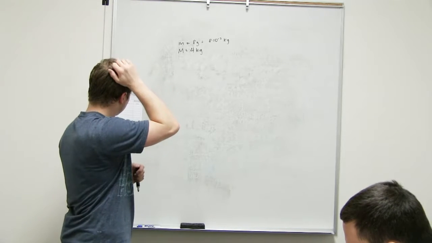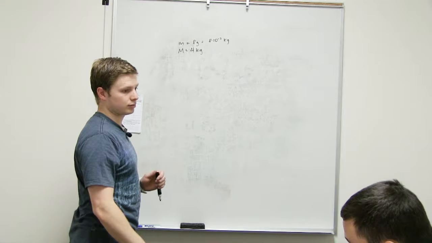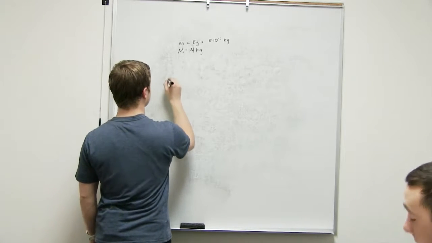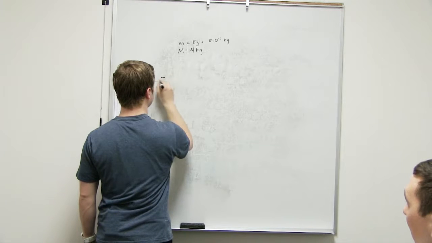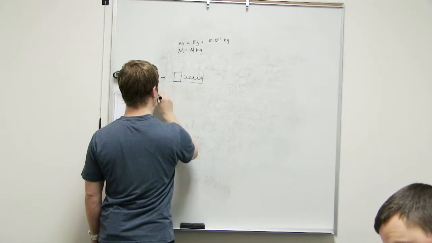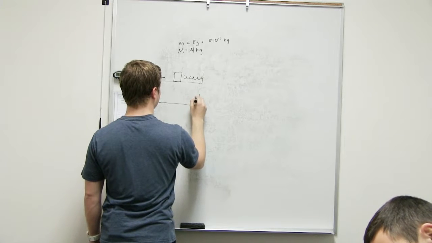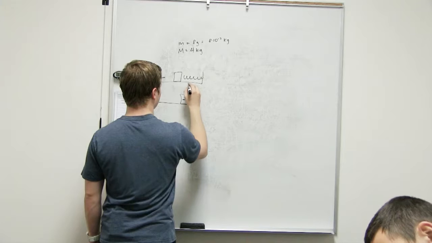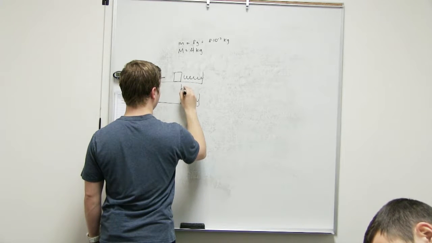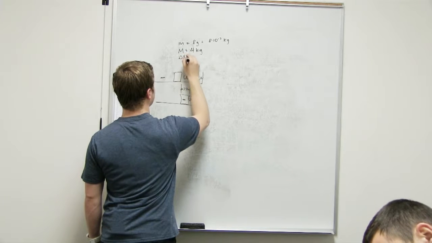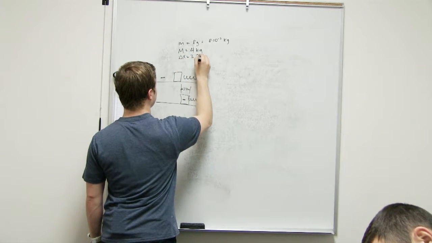And then it's at rest on a frictionless horizontal surface as shown in the figure. The bullet remains lodged in the block. The block then moves against a spring and compresses it by 3.7 centimeters. So we have change in x is 3.7 centimeters.